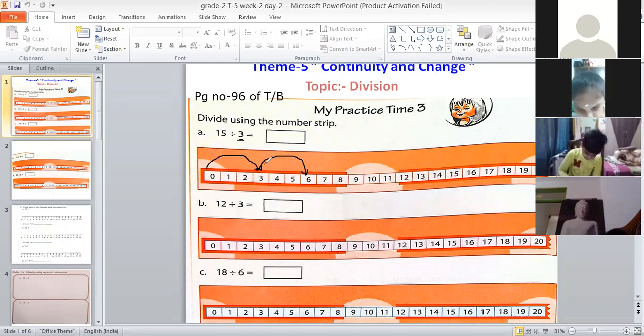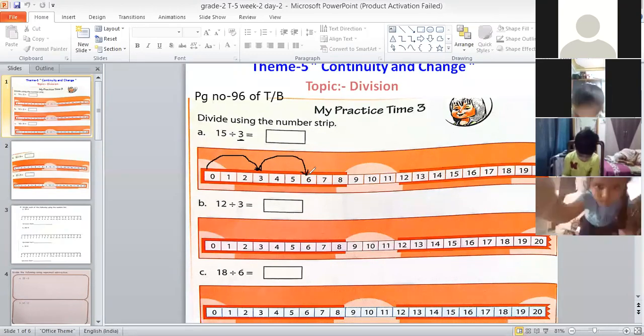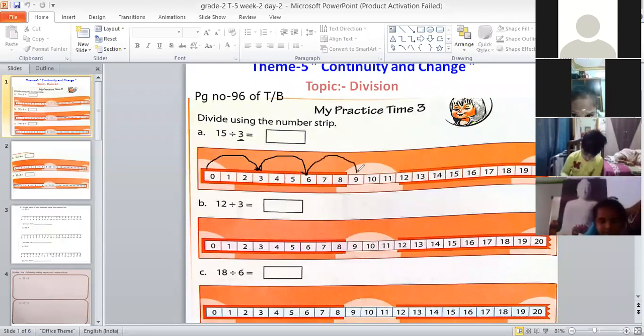Aryan, tell me, after 6, if we count forward 3, which number will we reach? Nine. Yes, we'll reach number 9. If you count forward 3 steps after 6, you'll get 7, 8, and 9.